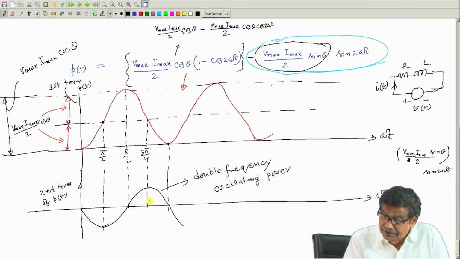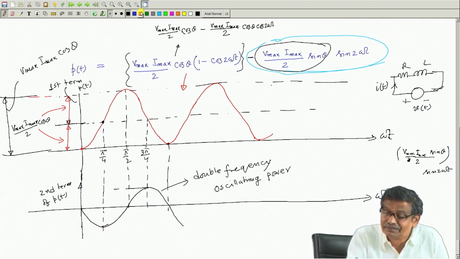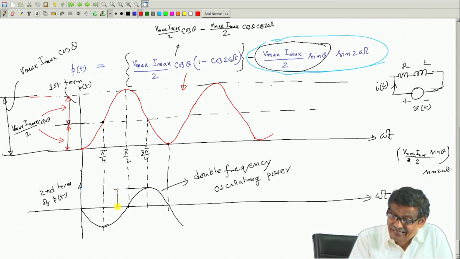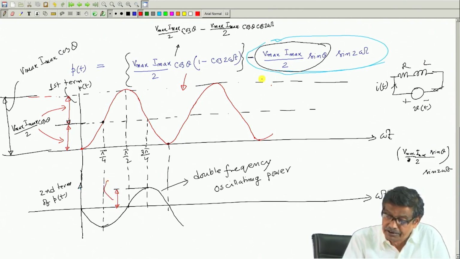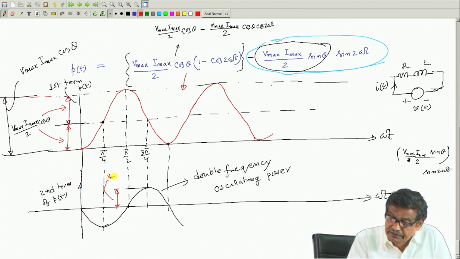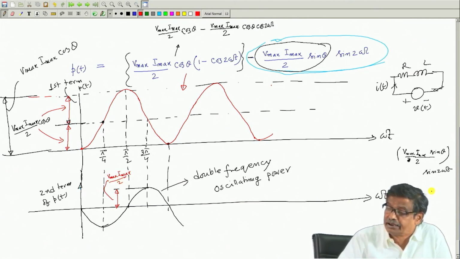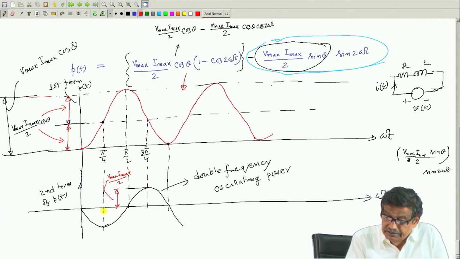Got the point. And what is the peak value of this one? Peak value of this one is V max I max by 2, and it is omega t I am sketching. So, this is pi by 4, this is pi by 2 and so on, 3 pi by 4.